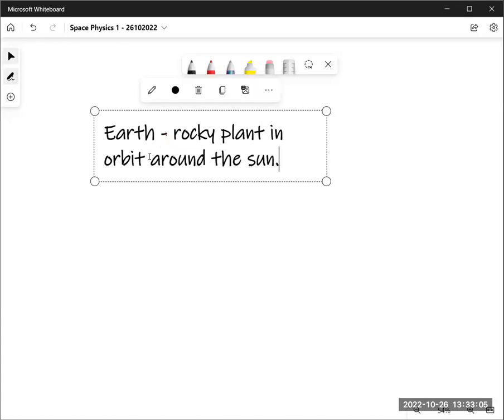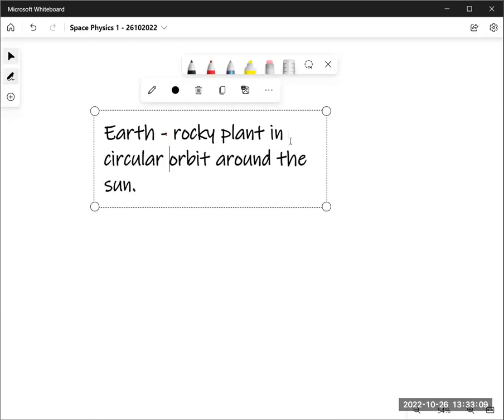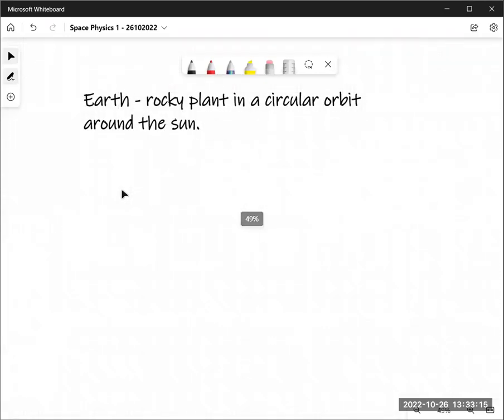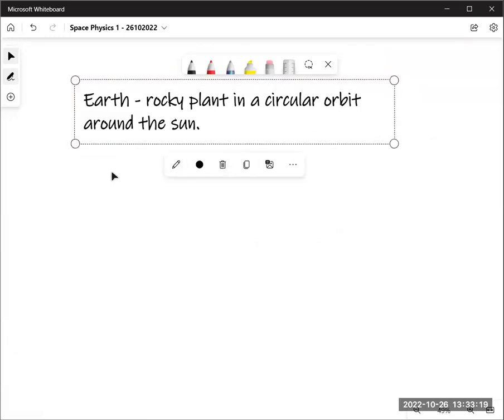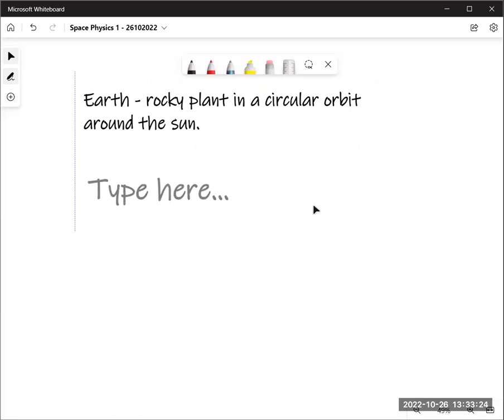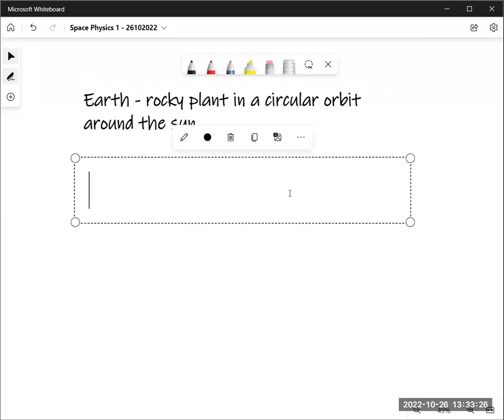All right, it's in orbit. It's in a circular orbit. It's not perfectly circular, obviously, but it is kind of circular. Next thing we realize is, well, it's orbiting around the sun. All right. How does it orbit? It rotates and revolves. Let's look at rotation first.